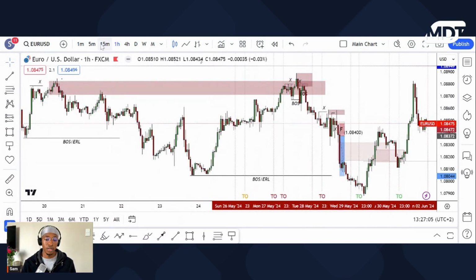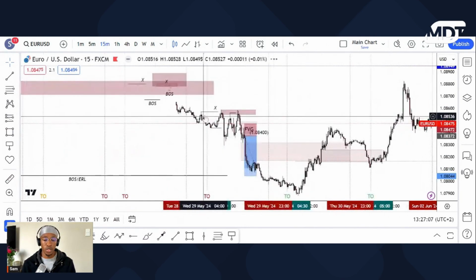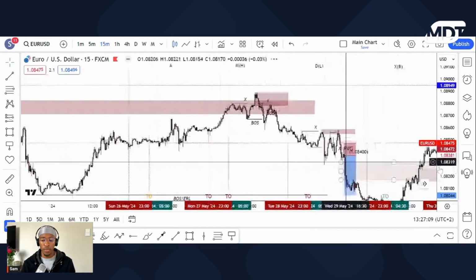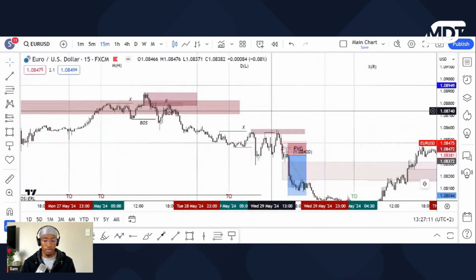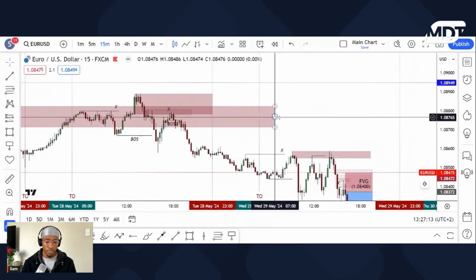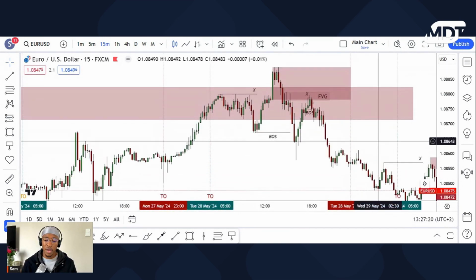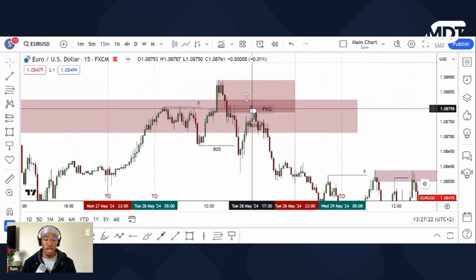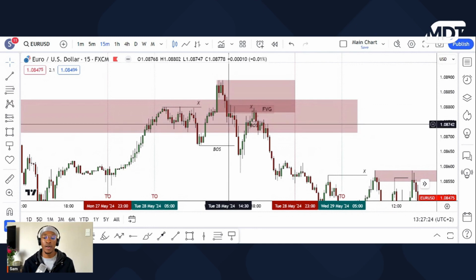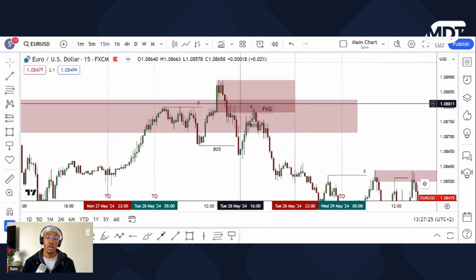But there was even more confluence on this, just starting on the 15 minute. So that's obviously just a POI. And a rule of thumb I kind of have is if price fails to close above the POI or the order block on the time frame that it was formed, then it's still valid.